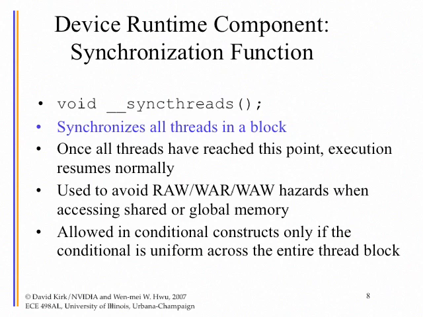Remember, we had two synchronization calls in the matrix multiplication. The first one is used to enforce what we call the read after write dependence, because the code above the synchronization is writing into the shared memory. That's the write.